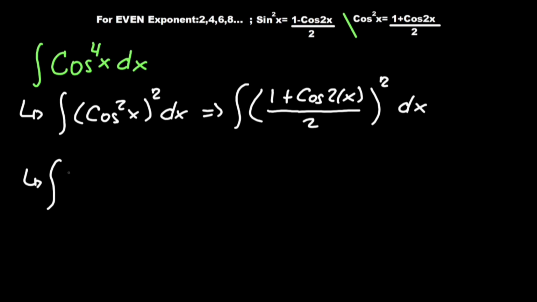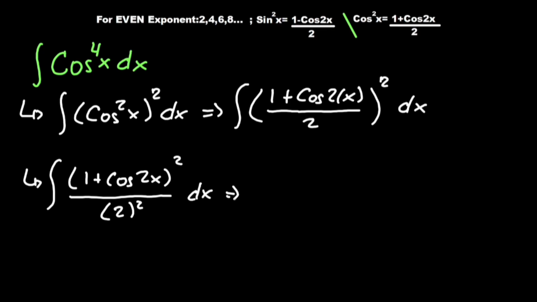We can write this again in this form. Two squared right here would be equal to 4, so we can put that outside.